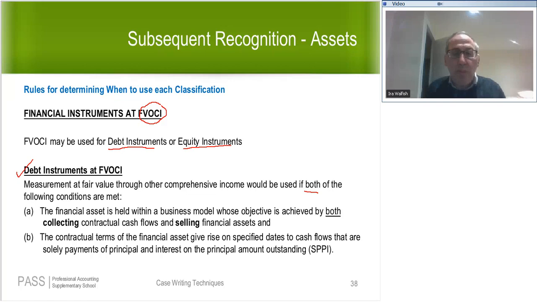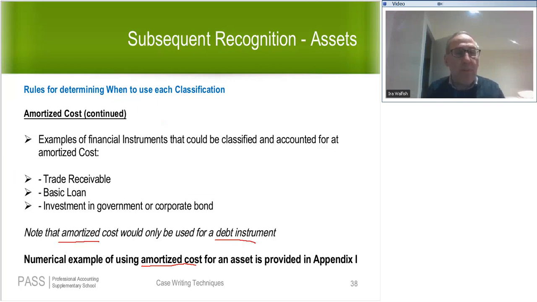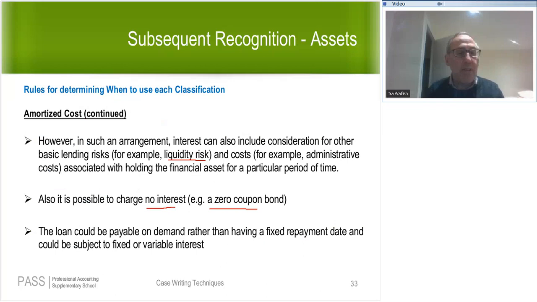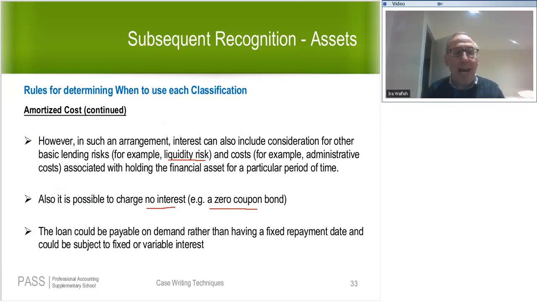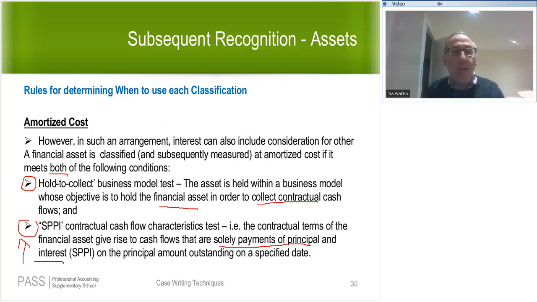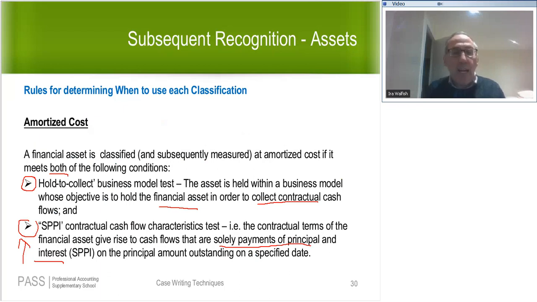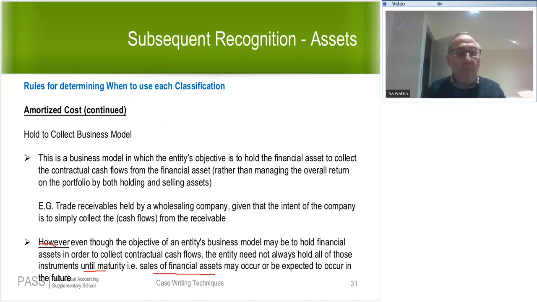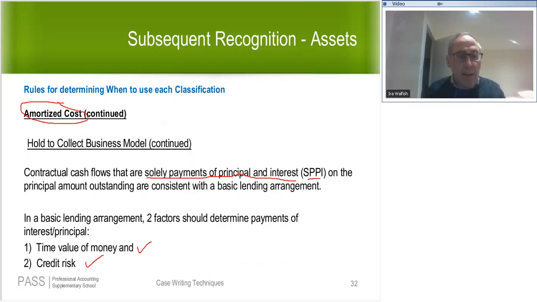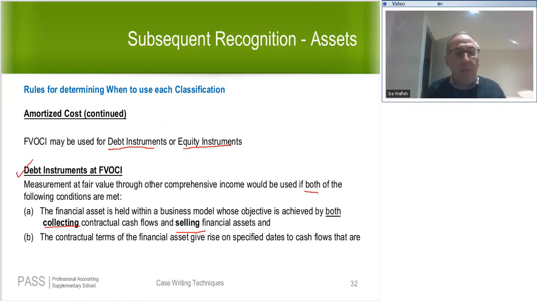So that's different than the business model that we talked about for amortized cost. The business model for amortized cost, just going back, was where you're holding the asset just to collect contractual cash flows. The business model where we're dealing with FVOCI is one in which your objective is achieved by both collecting cash flows plus regular selling of financial assets.